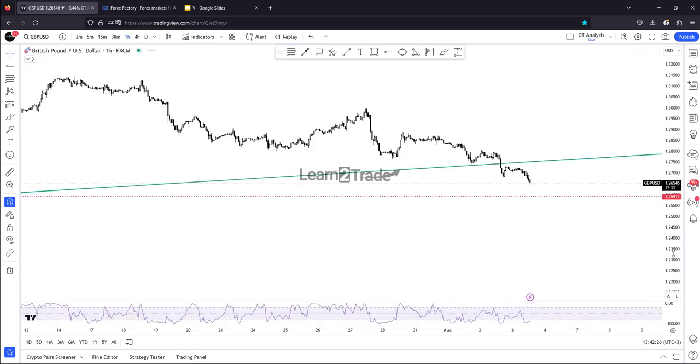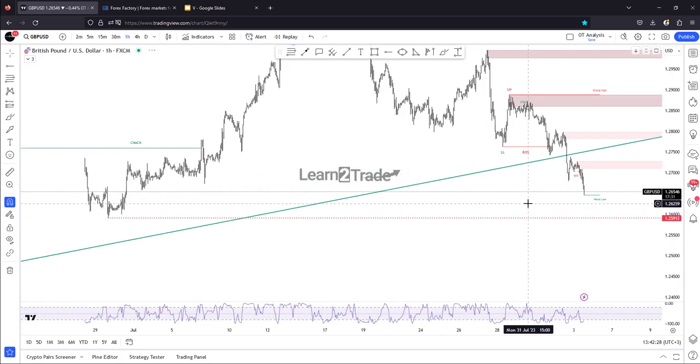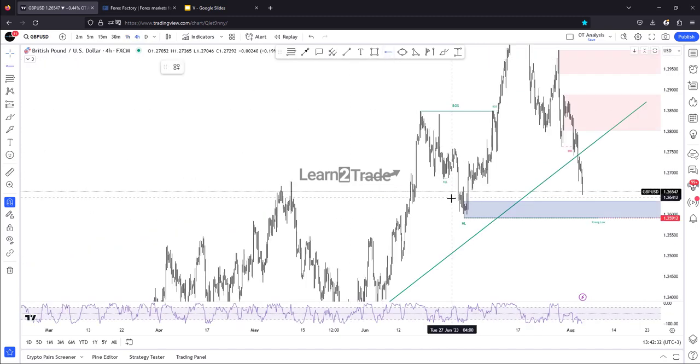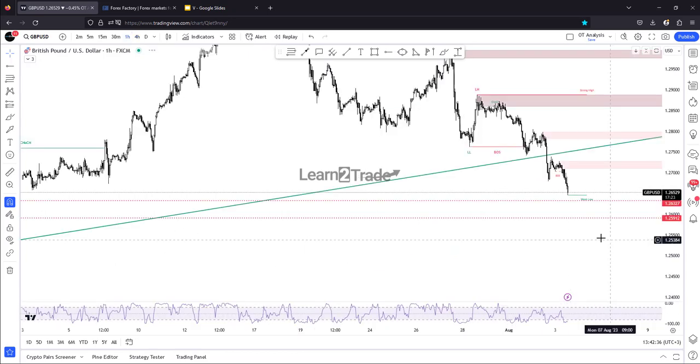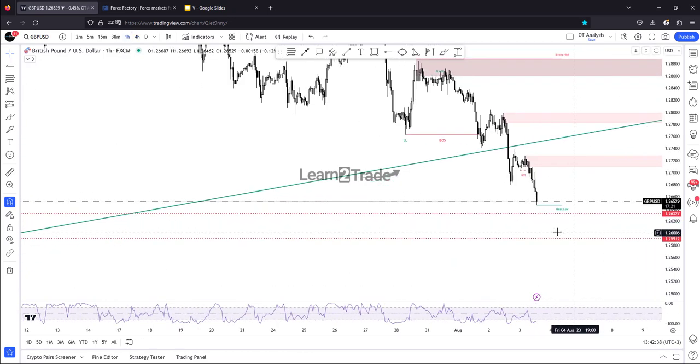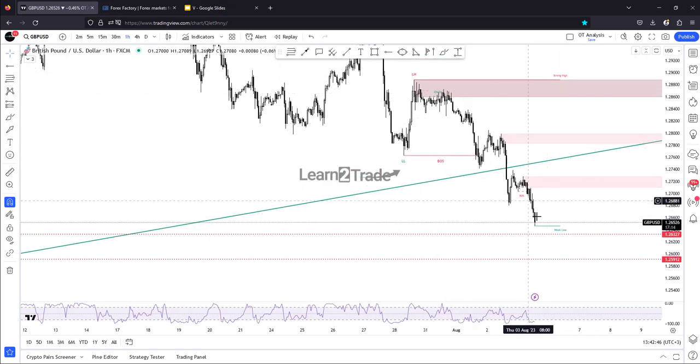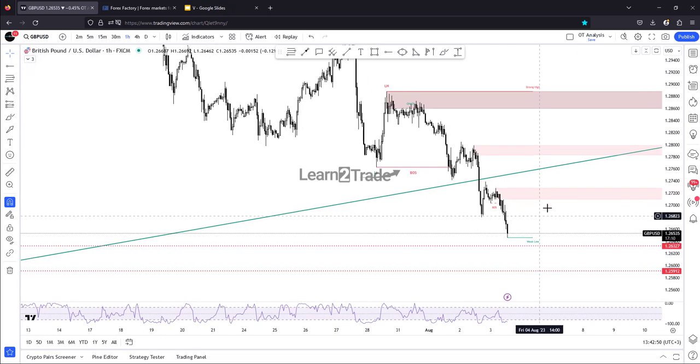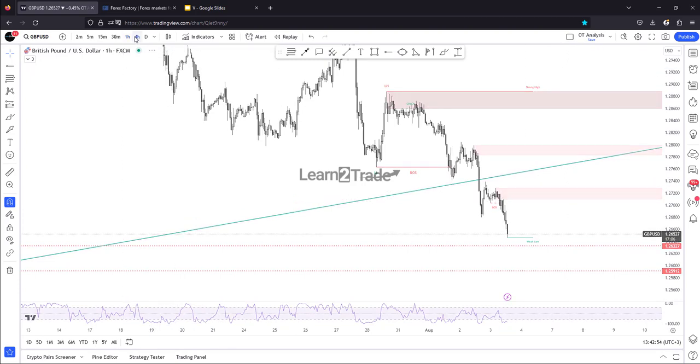So that's why I will keep an eye on this demand zone. Only a bullish pattern inside of this zone could bring us potential longs in the short term, because as I've said, after this massive sell-off, we cannot exclude temporary rebounds, as the price could come back to retest the resistance levels, broken levels, or the supply zones.